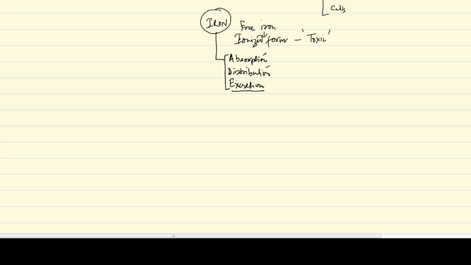And if you don't have very good mechanisms for the excretion of iron, then you try to optimize your absorption and availability of iron. So that's what makes this study of iron very interesting. Let's get into the nitty-gritty of it. Let's try to understand these points.